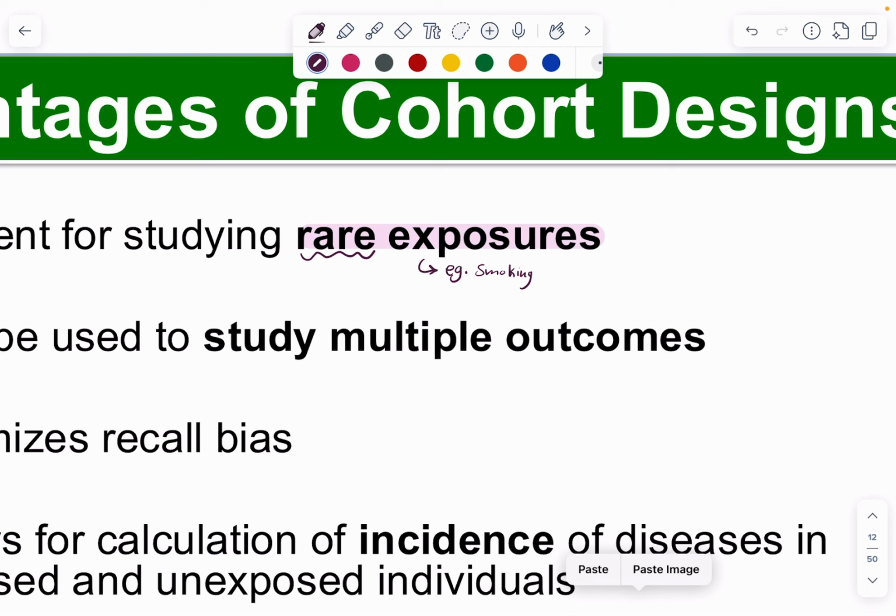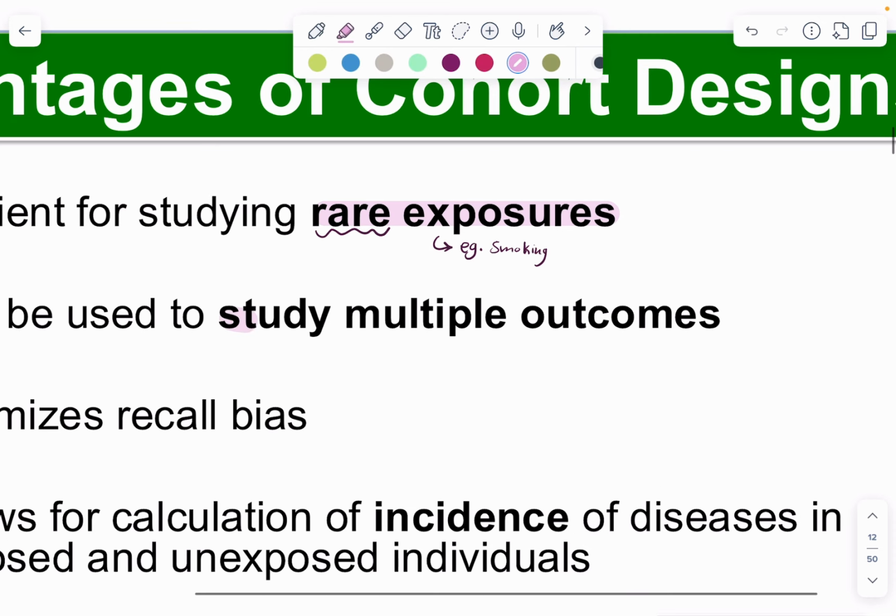Like for example, my hypothesis is smoking leads to lung cancer. But when my study ends, I follow them up, and at the end of the day, I found out that it's not just the lung cancer, but some of them have developed certain other conditions also, beyond my expectations sometimes.